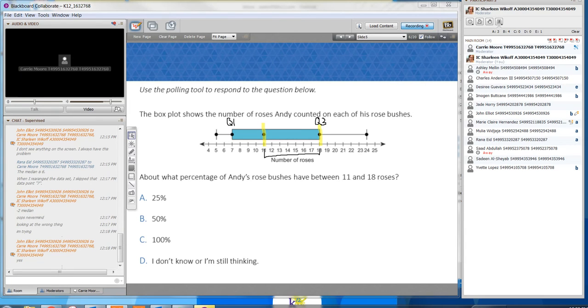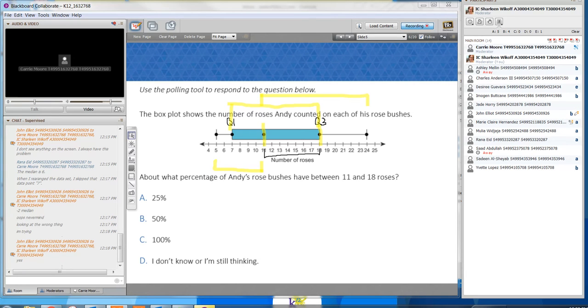Okay, I'm going to give some of you a hint. I have a lot of people answering B. B is incorrect. 50% of the bushes would be between quartile 1 and quartile 3. That would be 50%. 50% could be from the median to the maximum or from the median to the minimum.